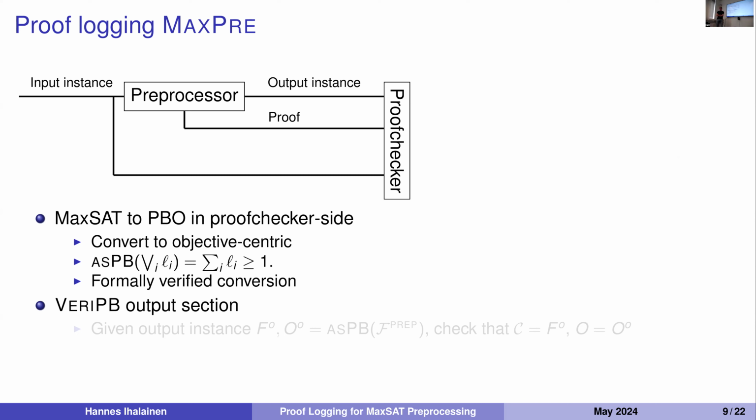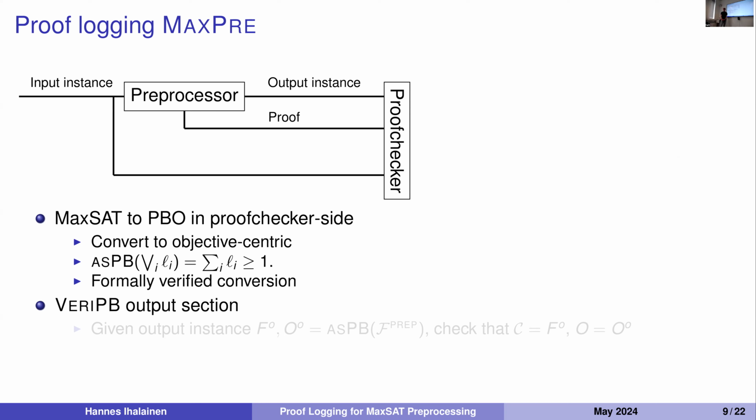Okay, so then what is now different if we compare to other proof logging things we have seen? So one thing is that we actually convert MaxSAT instances to PBO, not in our preprocessor, but it's all implemented on the proof checker side.